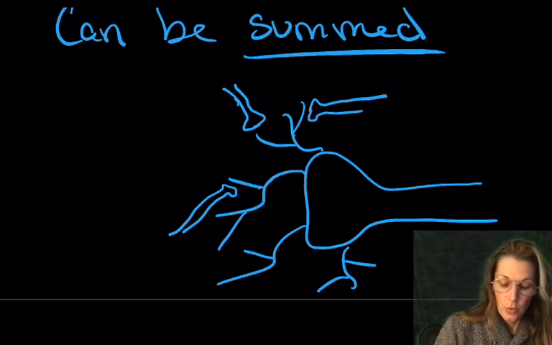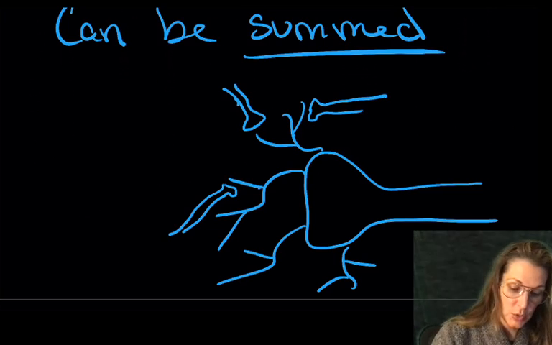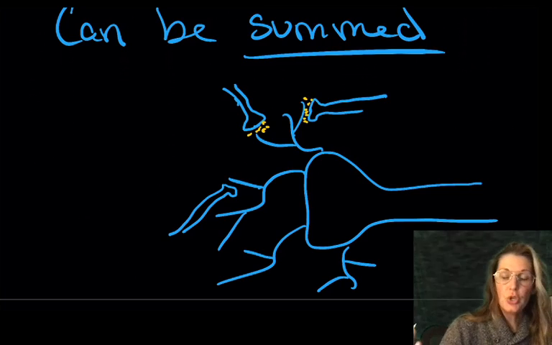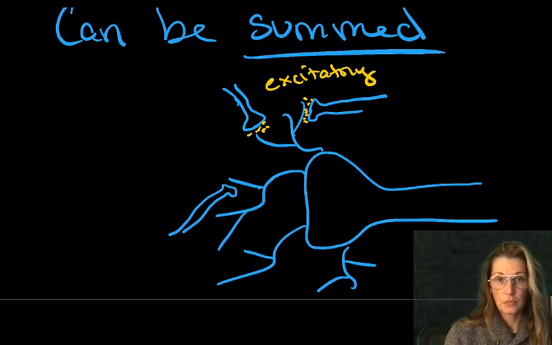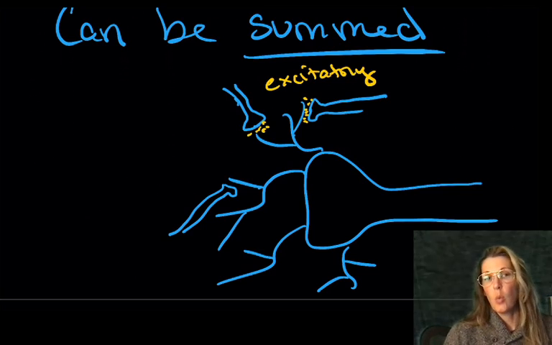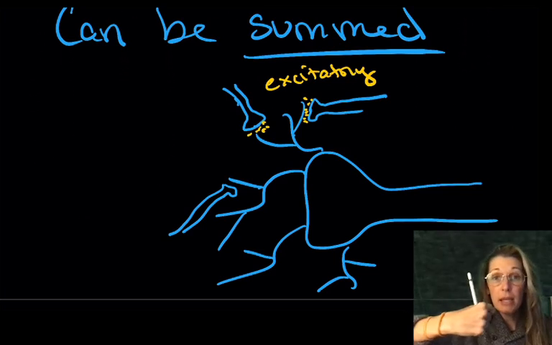And so what we can get is the summation. We're releasing neurotransmitters. So if these are all releasing neurotransmitters, let's say that 2 neurons are releasing excitatory neurotransmitters. Maybe the signal just from one of those incoming neurons isn't strong enough to produce an action potential.